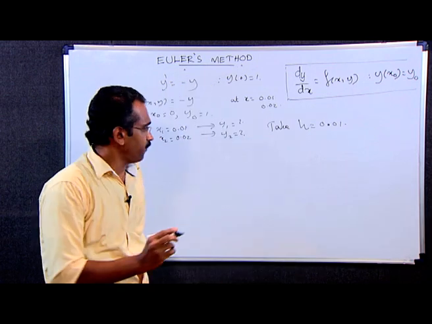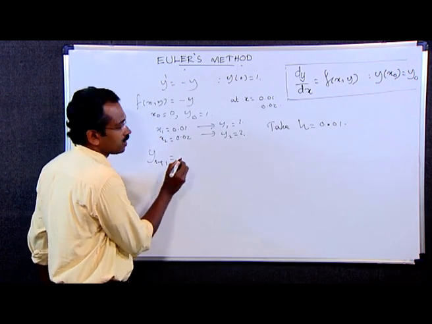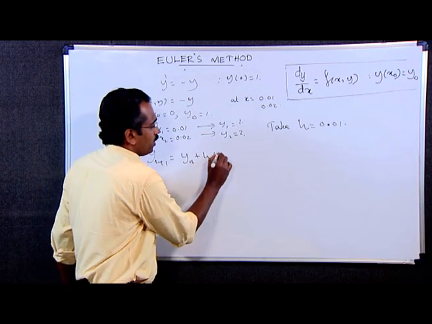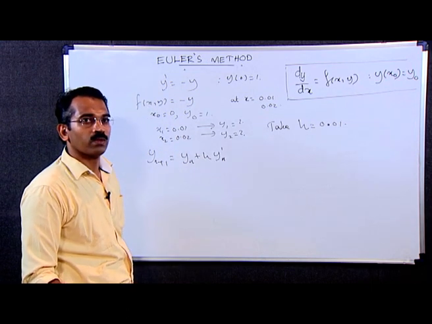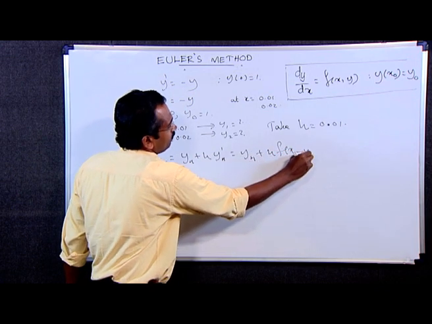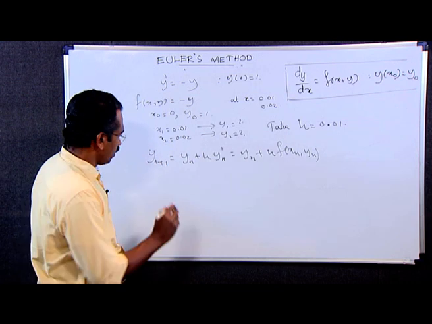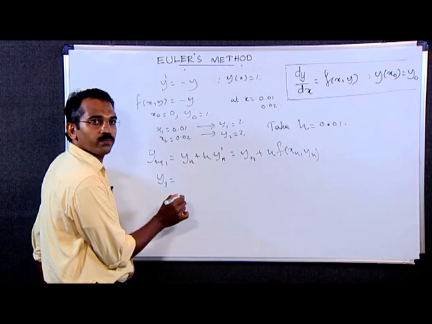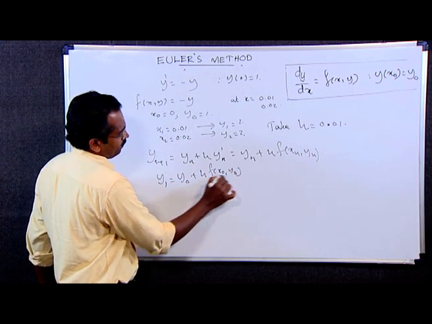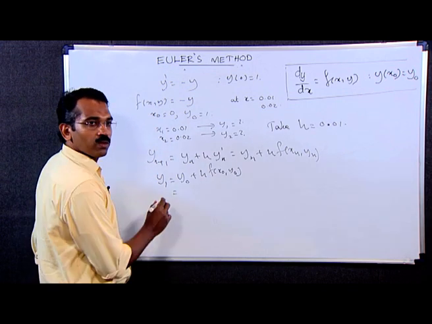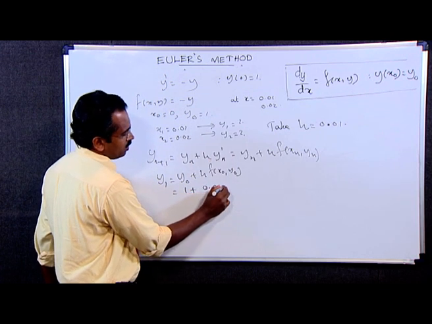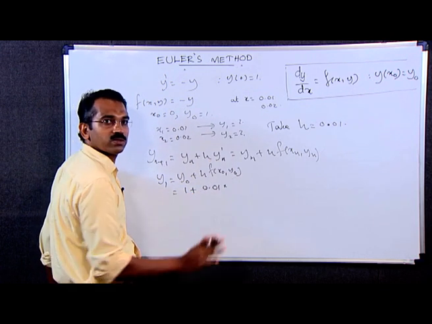By the Euler's formula, we have y(n+1) is equal to yn plus h into yn dash, that is yn plus h into f(x, yn). Therefore, y1 is equal to y naught plus h into f(x naught, y naught), which is equal to 1 plus 0.01 into f(x naught, y naught).